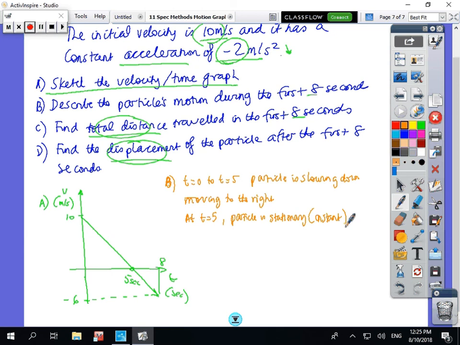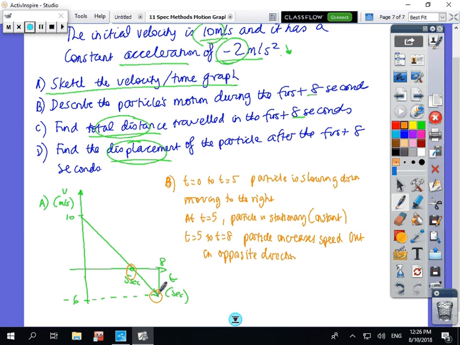Okay, and then from t equals 5 to t equals 8, particle increases speed, but in the opposite direction. Okay, so at that time it's 0, and then it's going to increase to 6 meters per second, but it's going in the opposite direction.